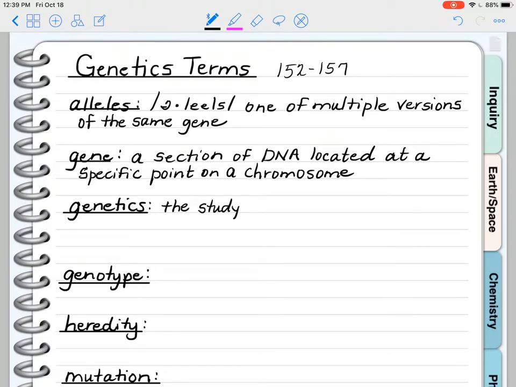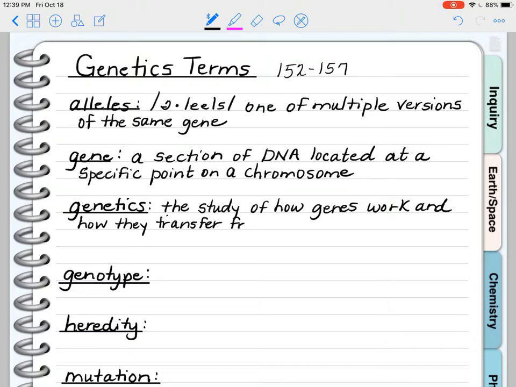It's the study of how genes work, and how they transfer from parents to offspring. And that's the study or the science of genetics.